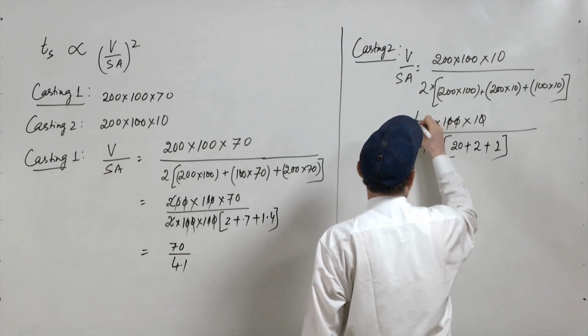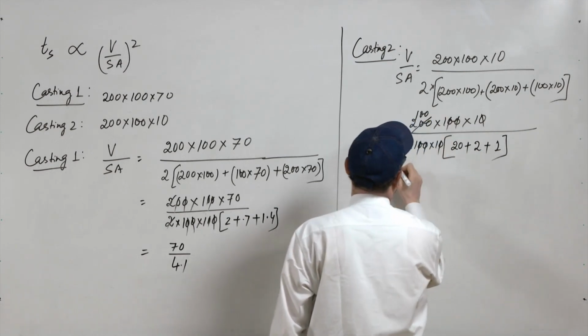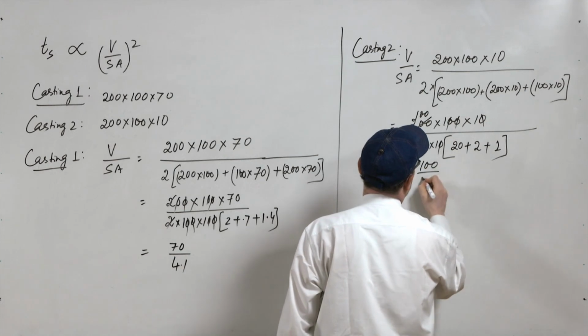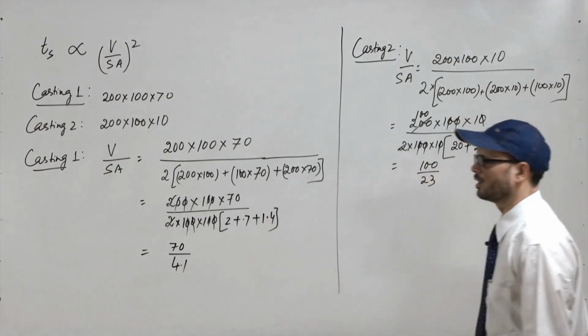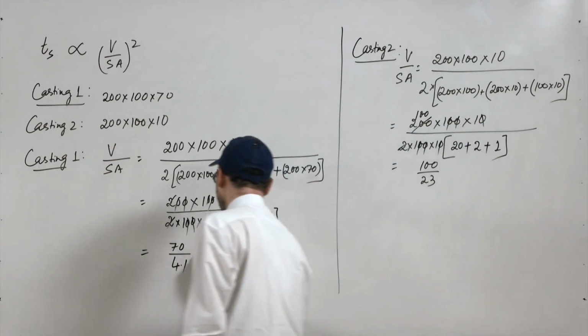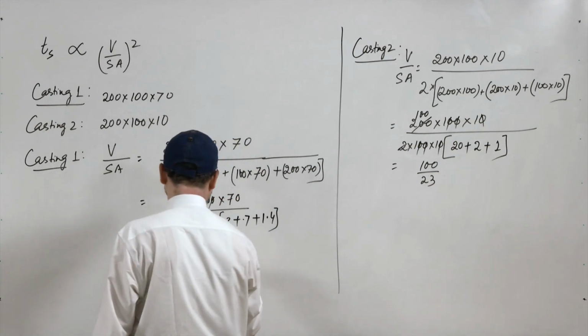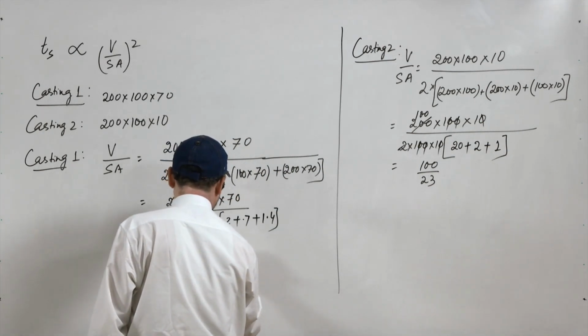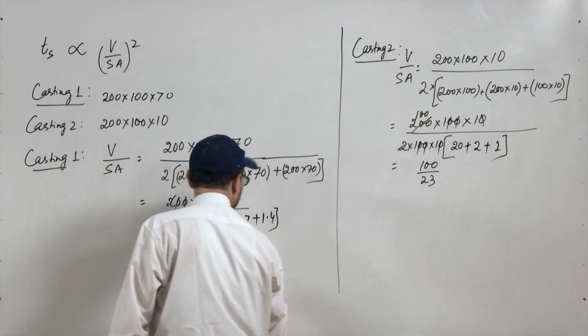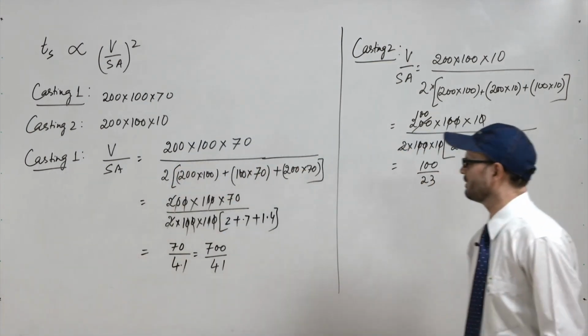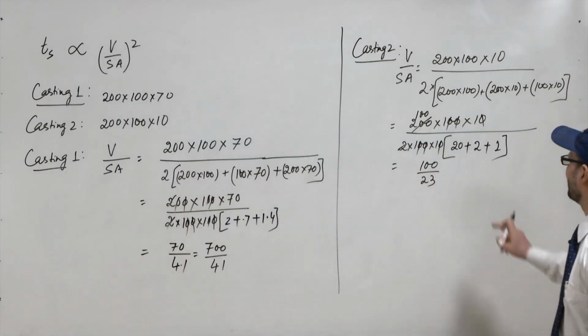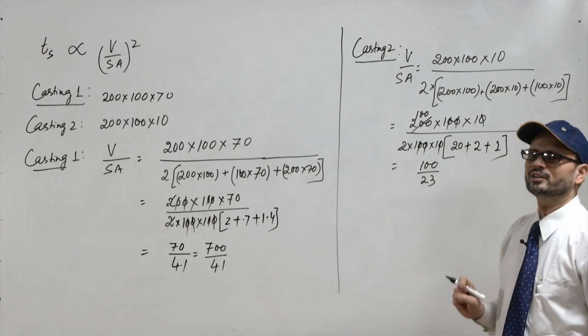So, you will have 100 upon 23. For casting 1 this is coming as 700 upon 41 and for casting 2 this is coming as 100 by 23.